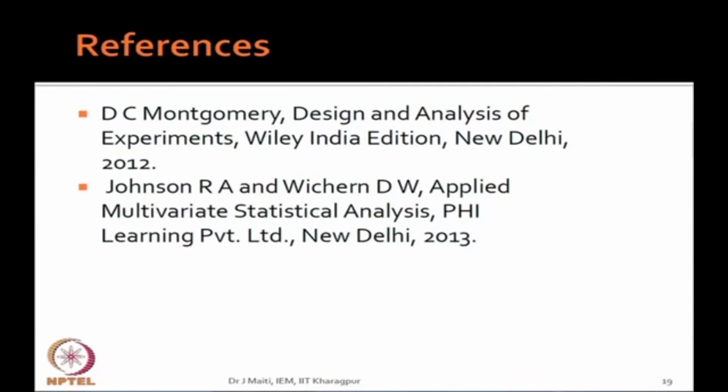A little computational difficulty will always be there because you will be computing in the matrix domain. The sum of squares will not be there, it will be SSCP, sum of squares and cross products. Okay, thank you very much.